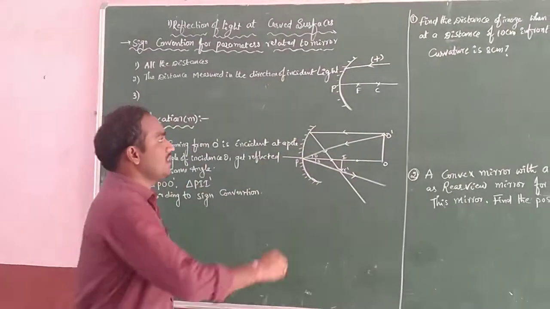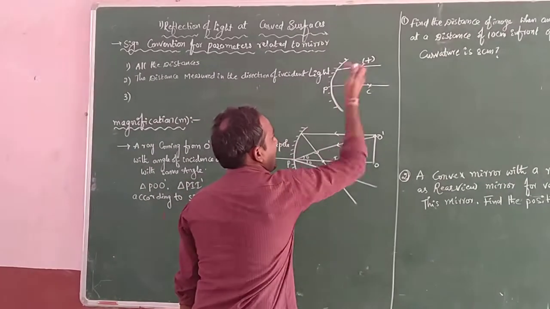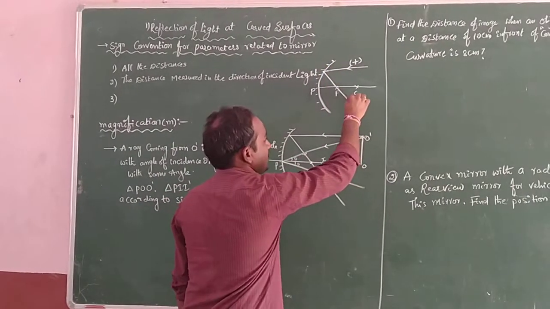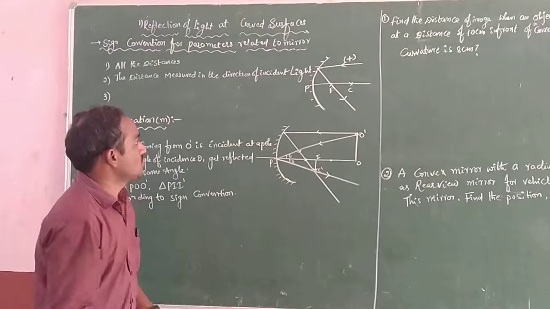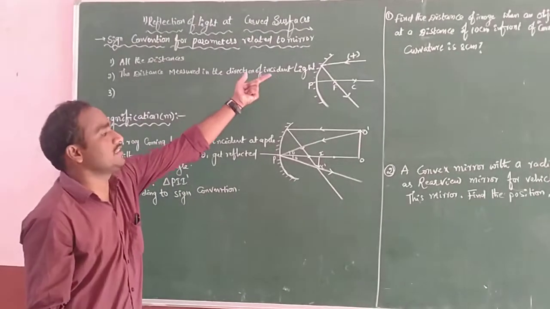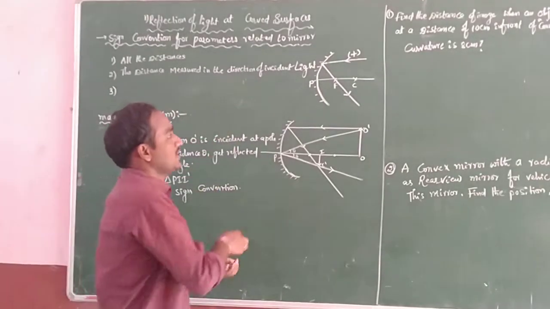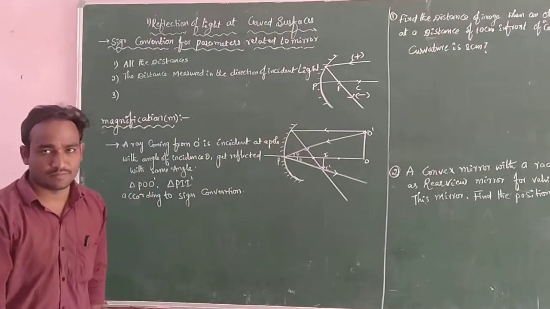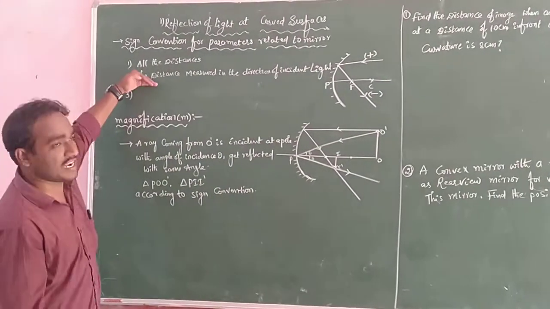And every incident ray will get a reflected ray. The reflected ray is opposite to the incident ray, so that is taken to be negative. That is the second point.